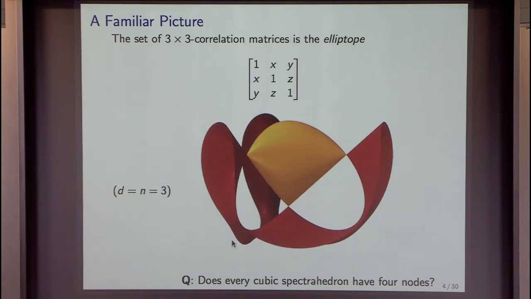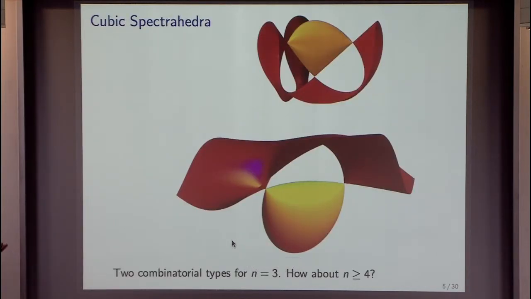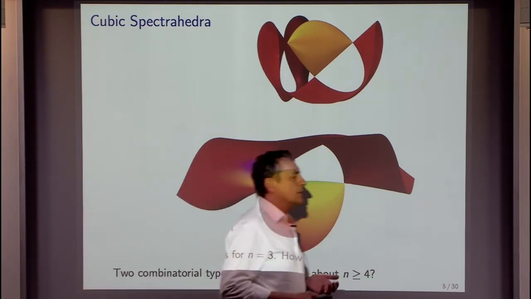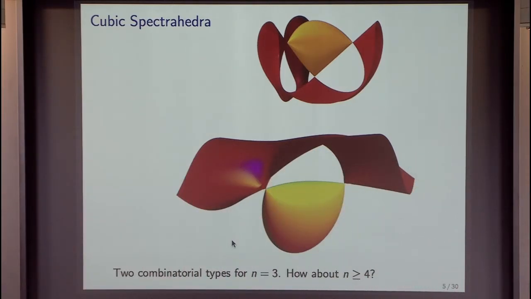Now, here's a question. Does every cubic spectrahedron have these 4 nodes? It looks like whenever you see these pictures, they're always these 4 corners. And the answer is no, right? That was the title page, right? So it turns out, just like in the study of polyhedra, that goes back 2,000 years to people like Euclid and so on, you can study the combinatorial type of spectrahedra, for example, according to the number of nodes they have.